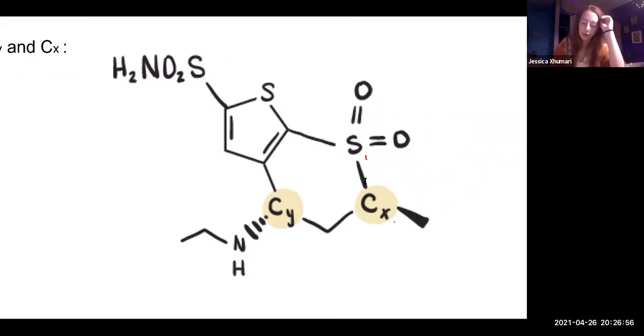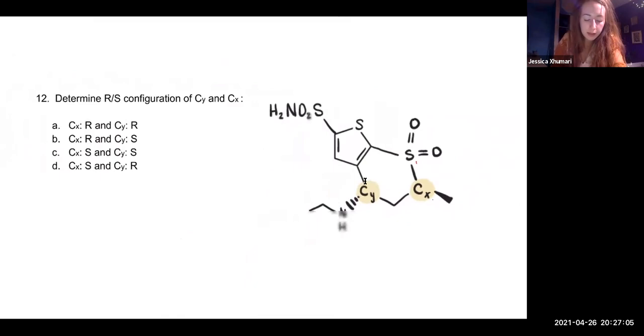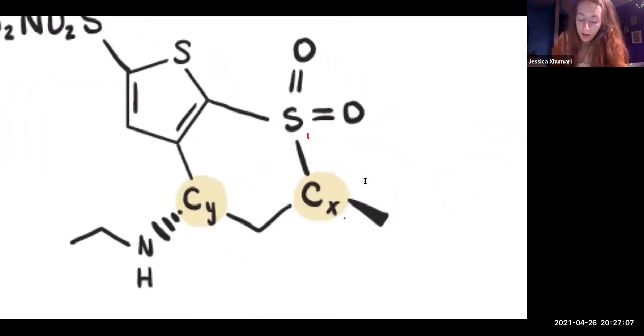Okay. So we can start out with this one. Actually, we'll start out with the X carbon because that's how I wrote it here. Okay, so we have a methyl group here. We also have a hydrogen that we can't see because I didn't write it in, because it is assumed, and it's in the back, so where it's supposed to be.